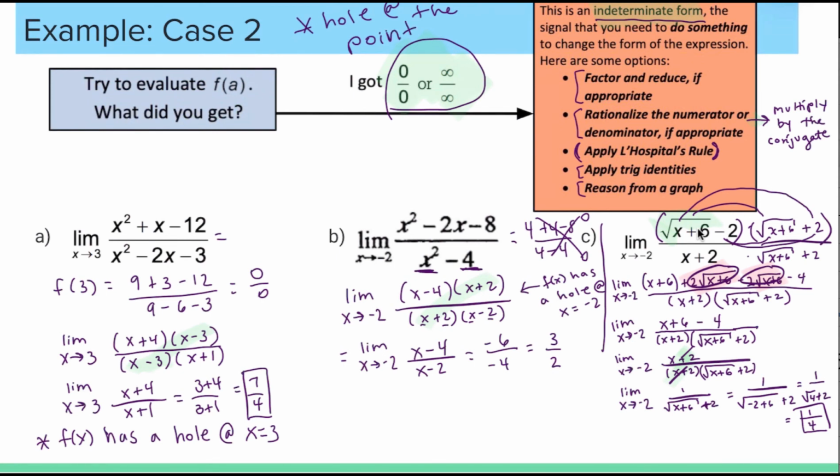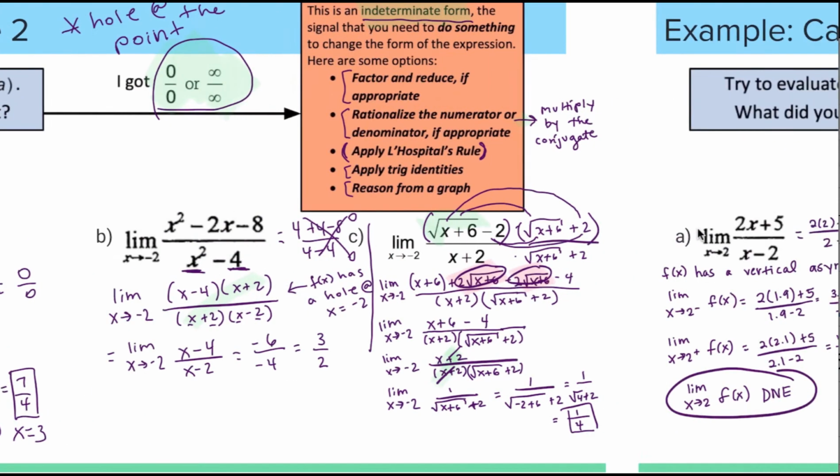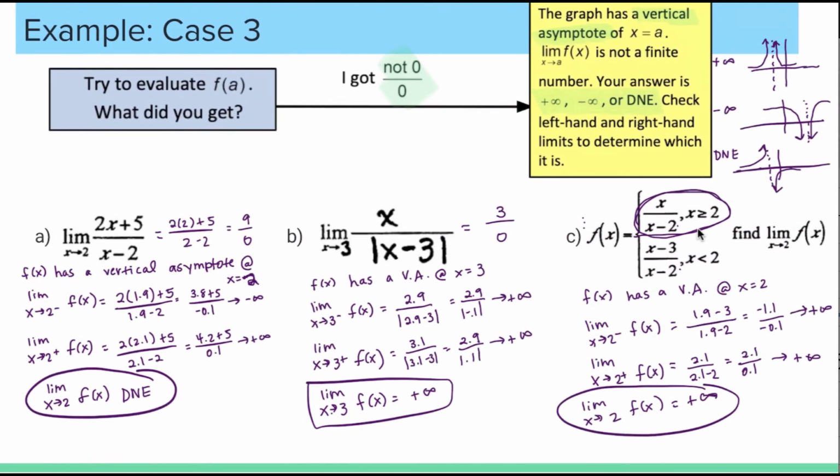If you get an indeterminate form and have to factor or rationalize, that means you have a hole at the point. Or in case 3, when you get not 0 over 0, this means you have a vertical asymptote at the point. And so those, the holes and the vertical asymptotes, just mean you need to do a little bit more work algebraically to figure out what that limit is.